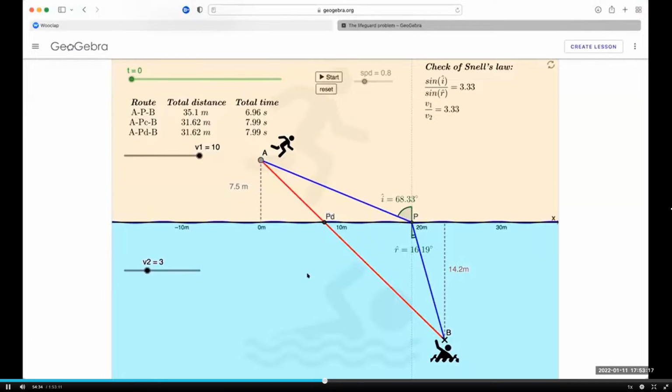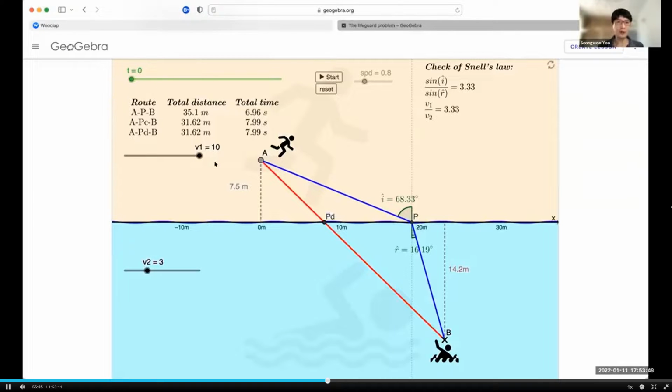Earlier I asked you what would be the least time path when the light travels through different refractive indices. So one possibility is the straight line connecting point A and B, as illustrated by this red line, or there might be some other optimum path which will take the least time to connect point A and point B.